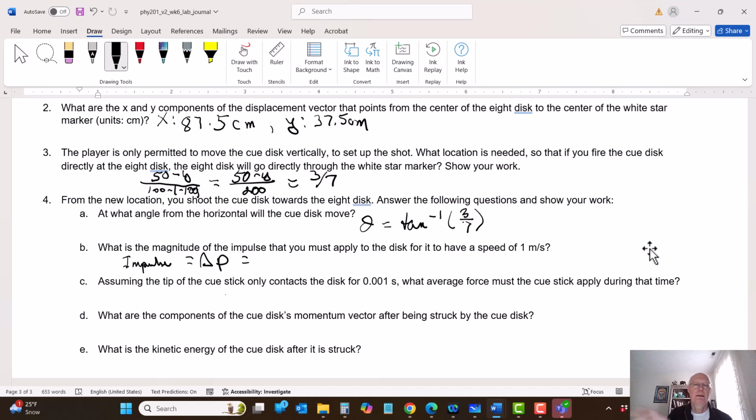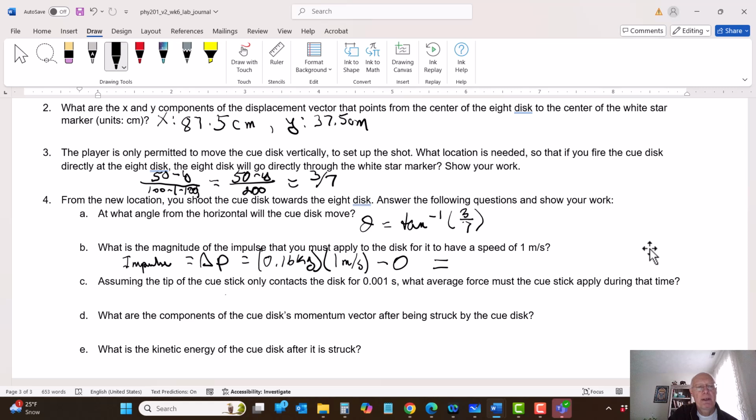If the puck or the disk has a mass of 160 grams, that's 0.16 kilograms, times the velocity, which is the final momentum, 1 meter per second, minus the initial momentum. It started from rest, so it's 0, right? So you can work out the arithmetic there.